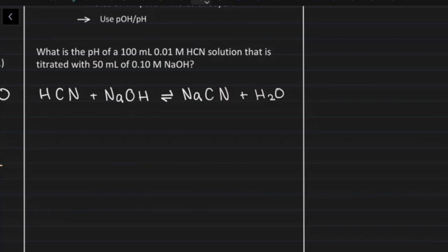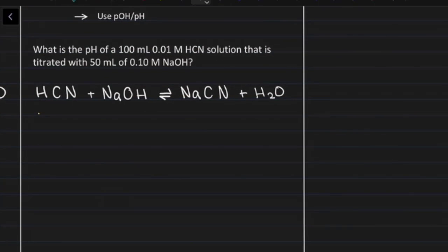All right, so again, we want to get our moles. So we're going to have 0.001 moles here. We'll have 0.005 moles of our NaOH, and we'll have none of this. So now we want to subtract our least number of moles again.